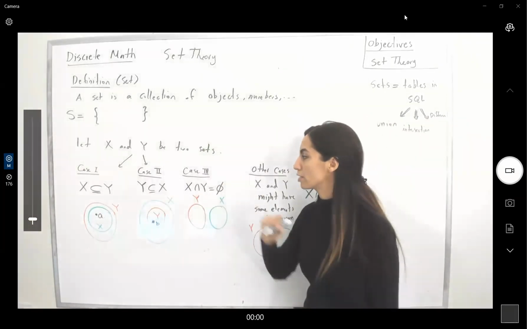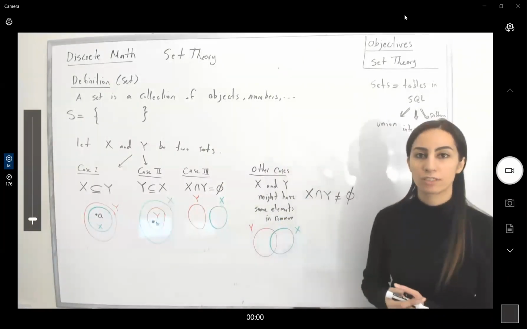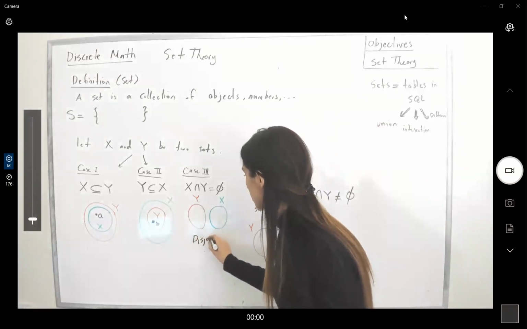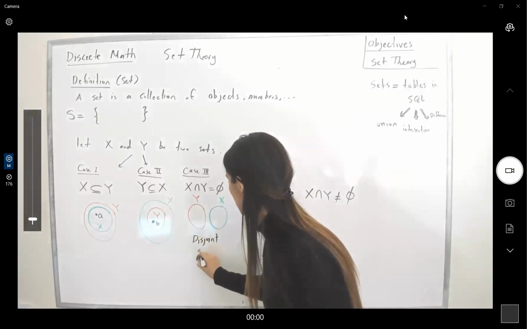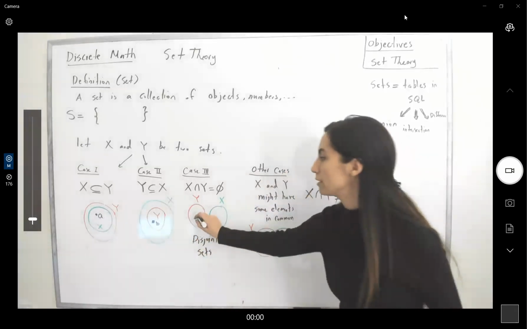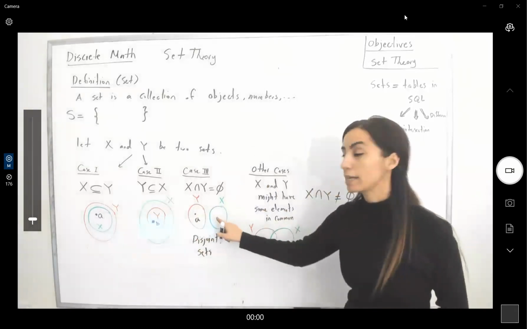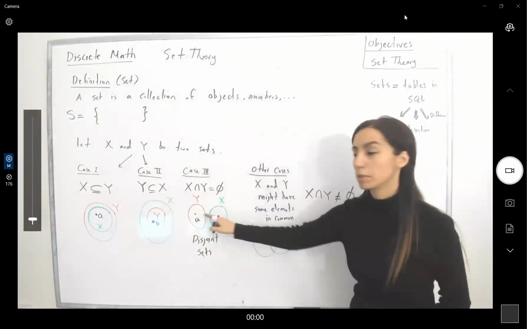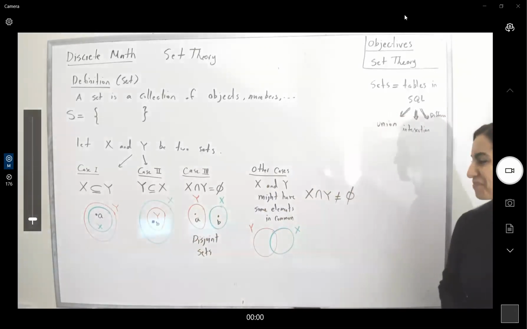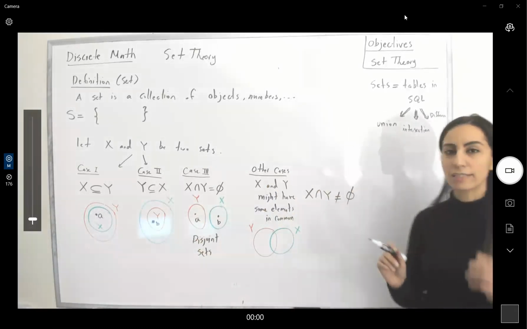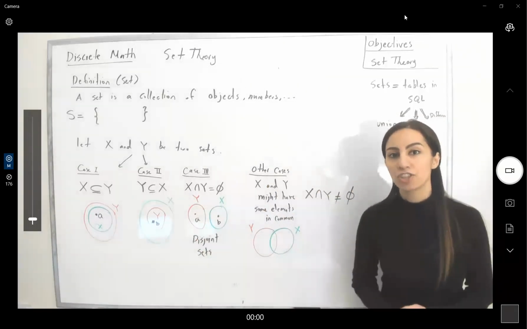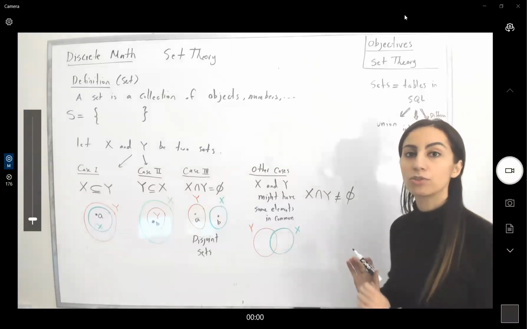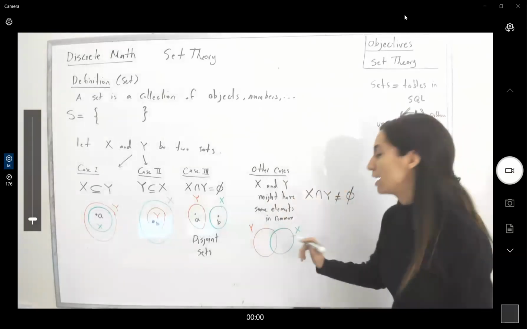When we say the intersection is empty, or we have disjoint sets, it means that if I take an element here, that element cannot be in X, and if I take an element in X, that element cannot be in Y. When there are some elements in the intersection between X and Y, you can find some elements that belong to X and belong to Y at the same time.